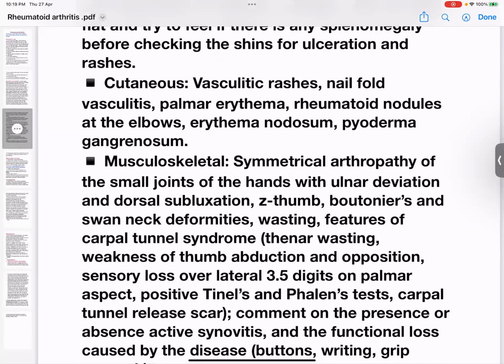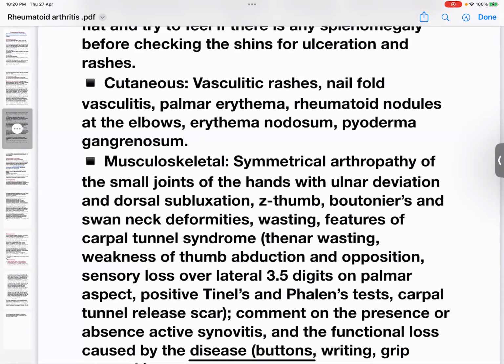So look for cutaneous vasculitis rash, nail fold vasculitis, palmar erythema, rheumatoid nodules at the elbow, erythema nodosum, and pyoderma gangrenosum, which is one of the characteristic features of ulcerative colitis. Pyoderma gangrenosum is associated with inflammatory bowel disease, and specifically ulcerative colitis.